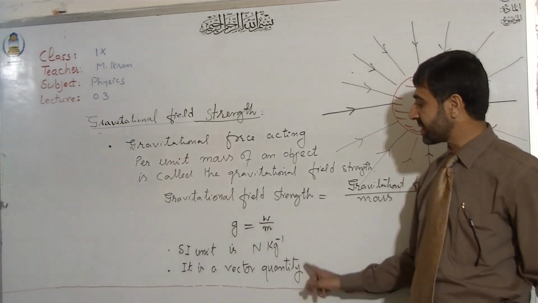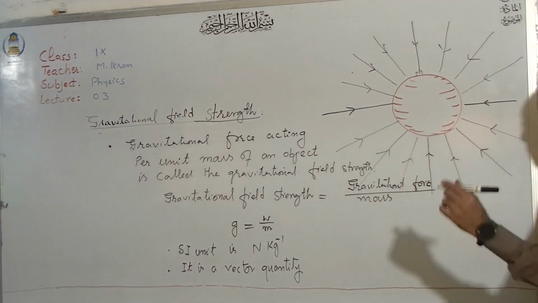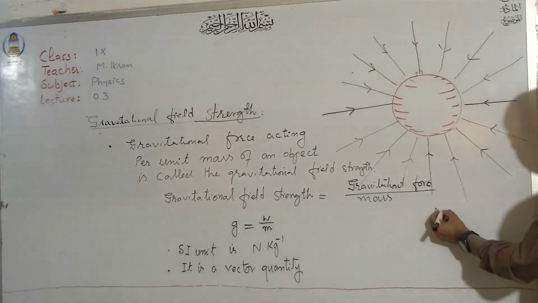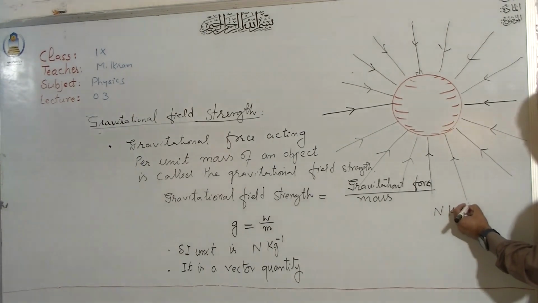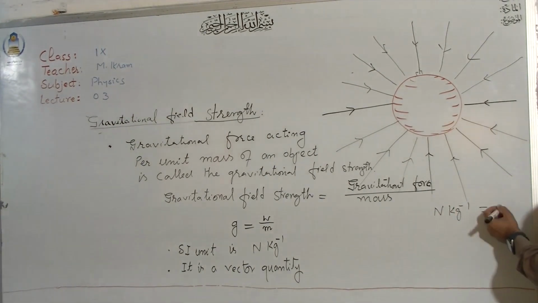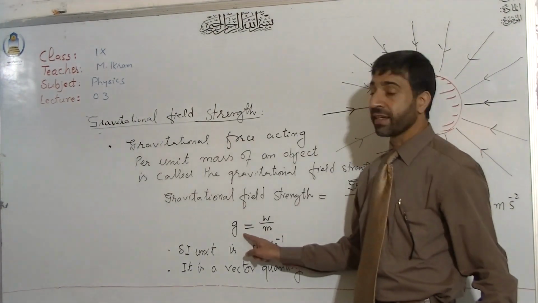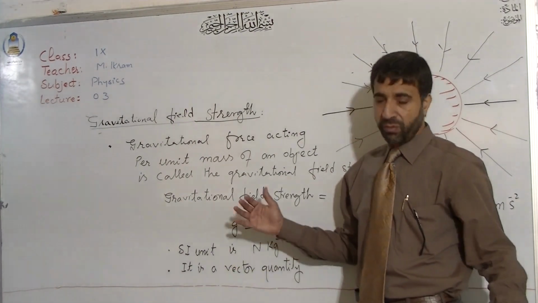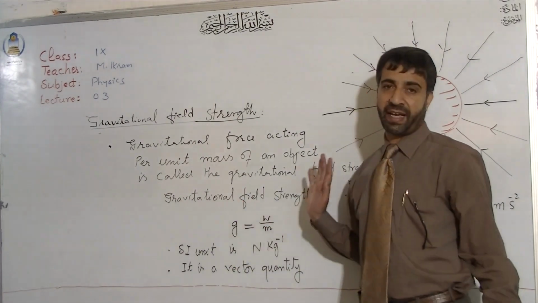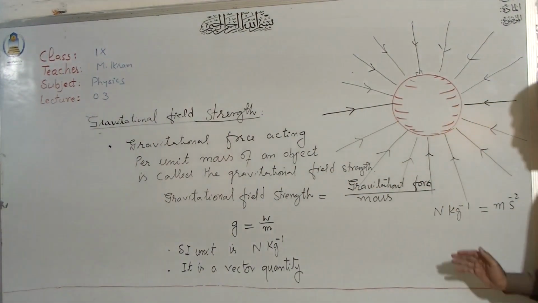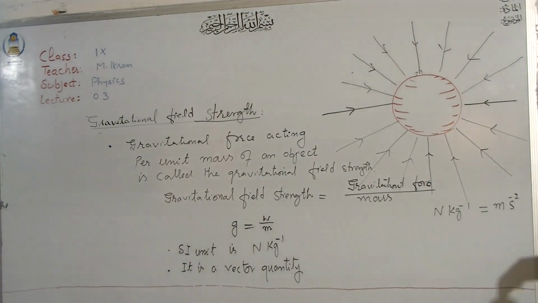Remember class, as far as your exam is concerned, this Newton per kilogram is exactly the same as meter per second squared. So this gravitational field strength is just the gravitational acceleration, and it is the same for all kinds of bodies, right?